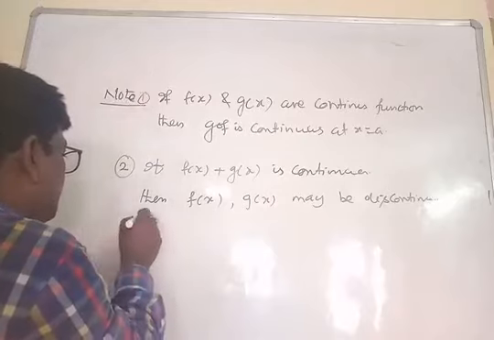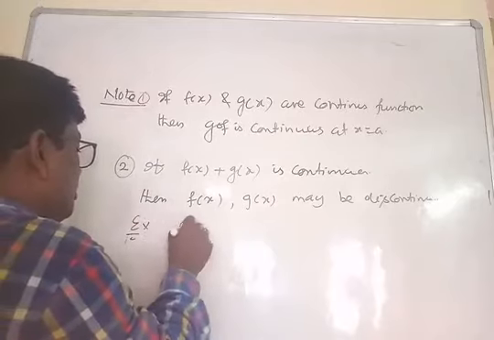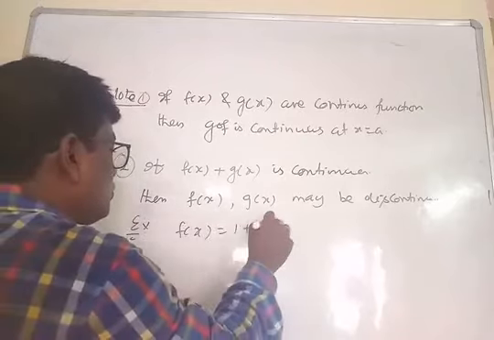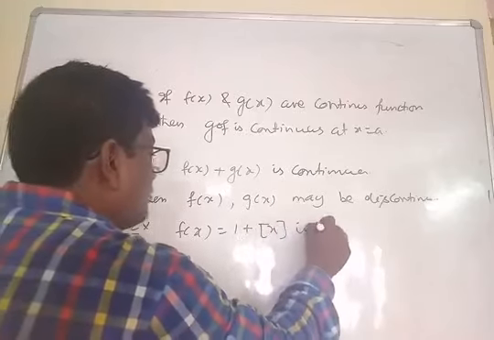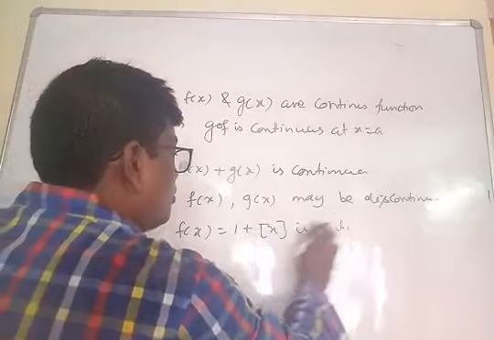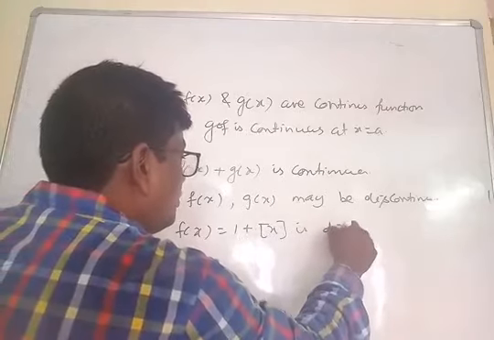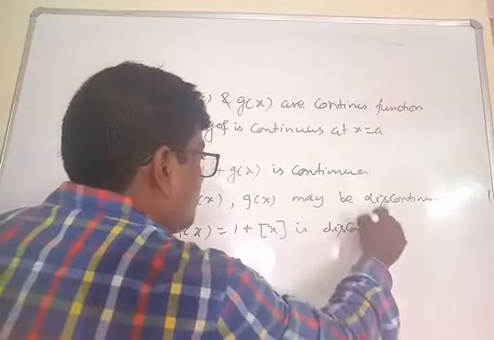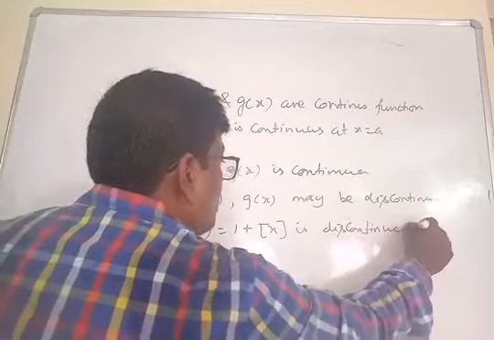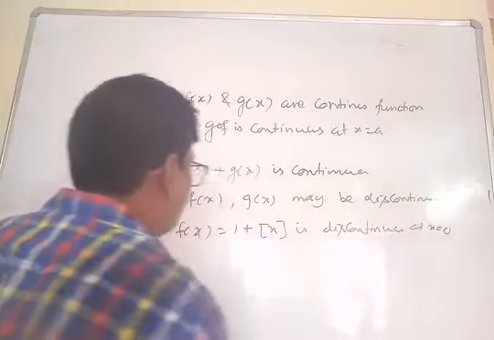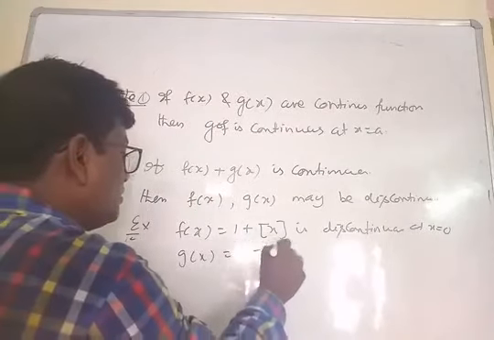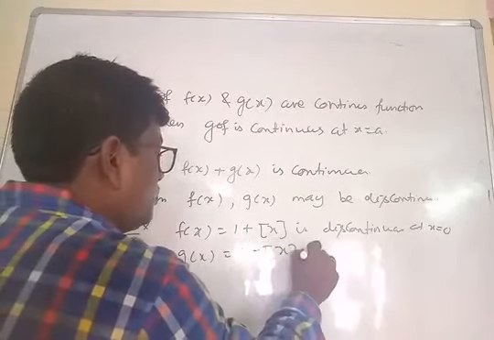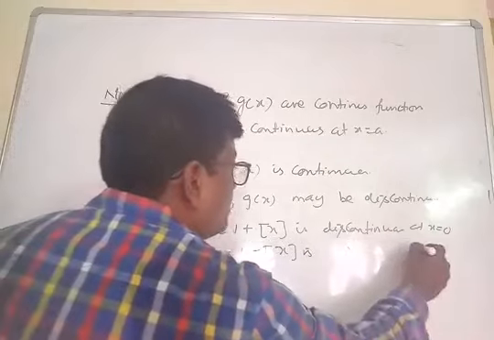Number 3, suppose the example here: f of x is equal to 1 plus root of bracketed x is discontinuous at x is equal to, suppose, 0. g of x is equal to 1 minus root of bracketed x is also discontinuous at x is equal to 0.